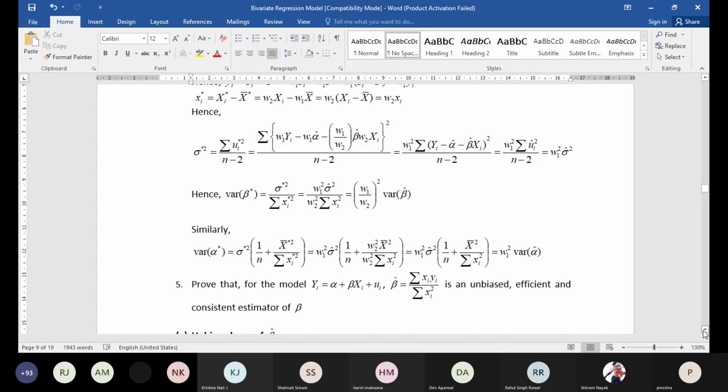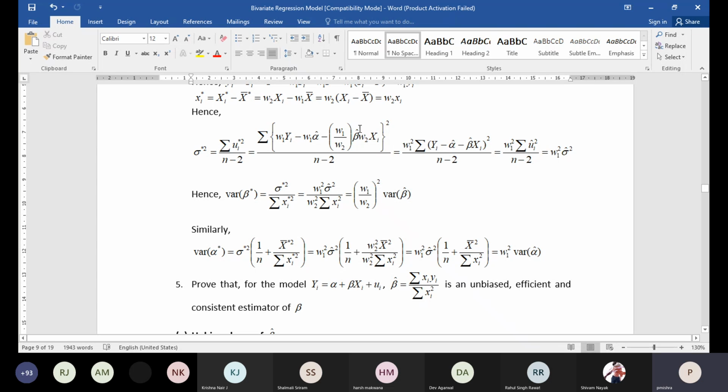So when we go for deriving the expression for variance of beta star, we know that variance of beta star is equal to sigma star square divided by summation of small xi star square. And then we need to replace sigma star square with W1 square sigma hat square and summation of xi star square with what we have already derived earlier, that is W2 square into summation of small xi square.